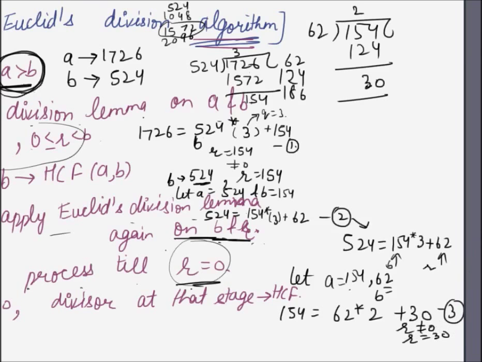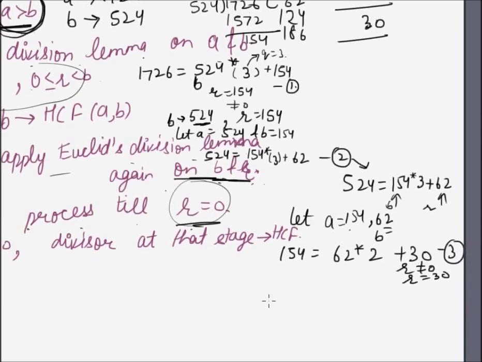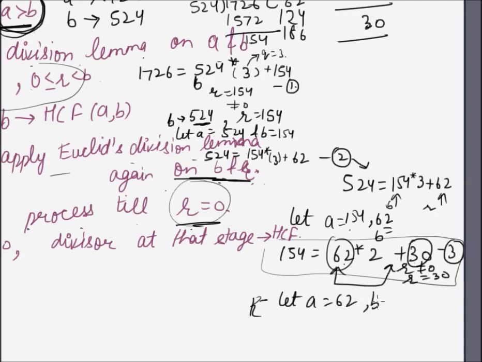So again applying Euclid Division Lemma, we need to apply it on these two values, because these were B and R for this equation. So let A be 62 and B be 30. Thus we will get 62 is equal to 30 into 2, because 30 into 2 is 60, plus 2.